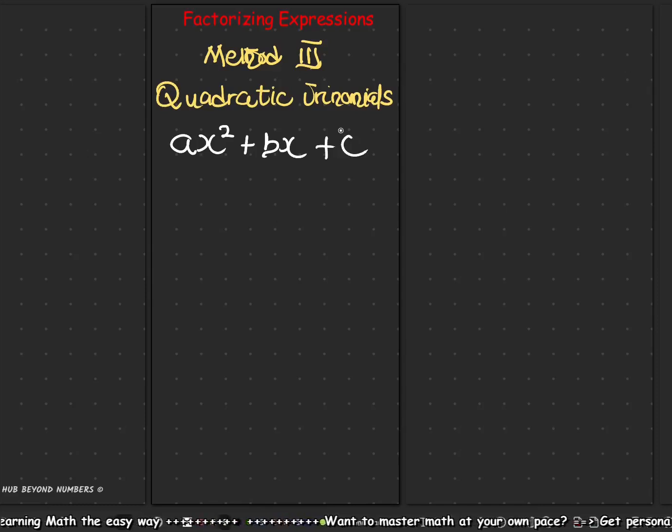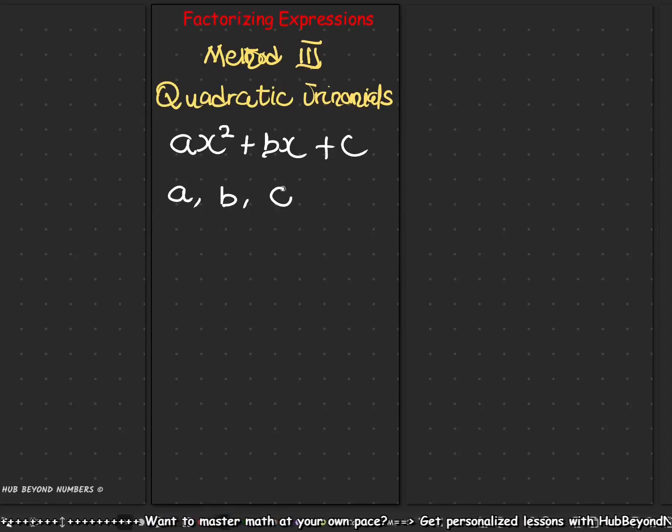Now, a, b, and c can be any values at all. They can be constants, especially.